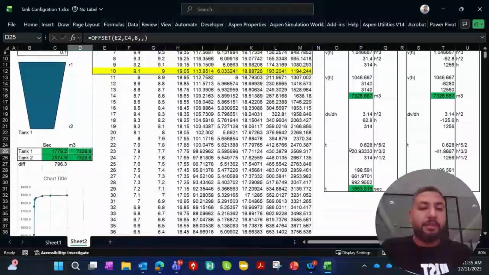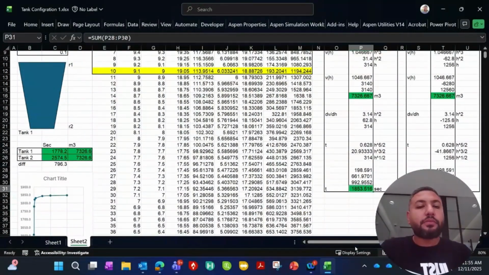The same thing happens for time. If we calculate the time here, it's saying that it will take around 1,850 something, and from here it's 1,770.